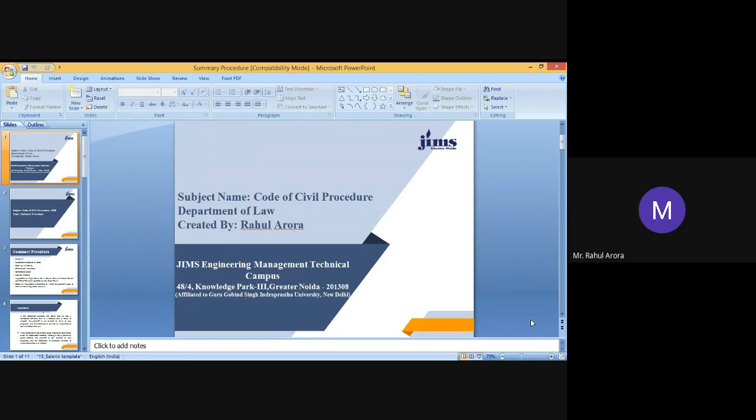So, in this background, I also want to recapitulate the concept of civil suit, wherein a regular suit or an ordinary suit for recovery can also be filed.